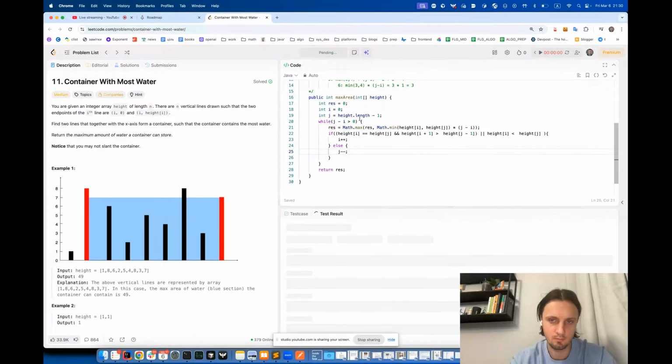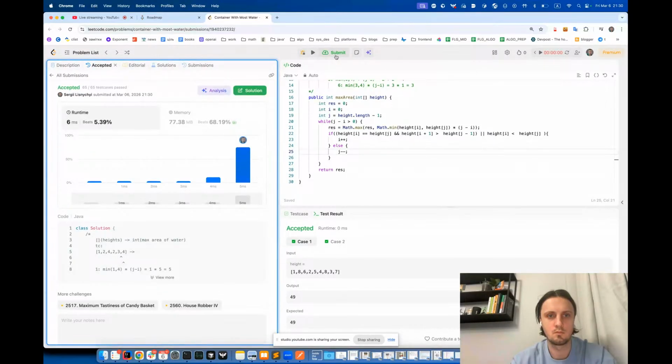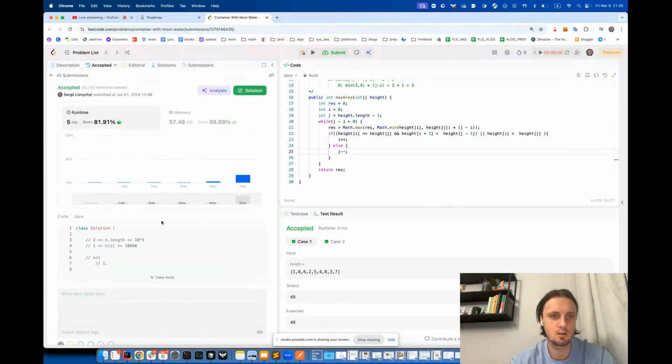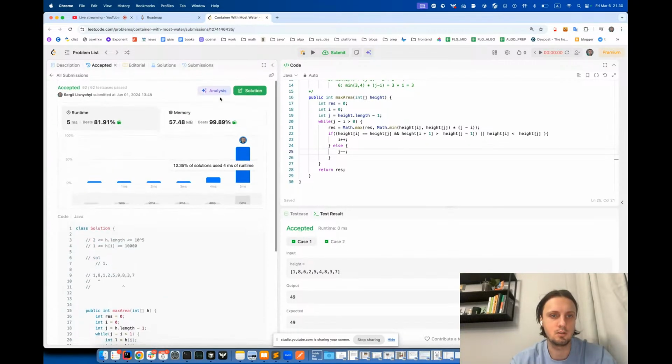So let's just run and submit. And we see that we run correctly. Let's check what we have here. We even can do it like this without this complexity.